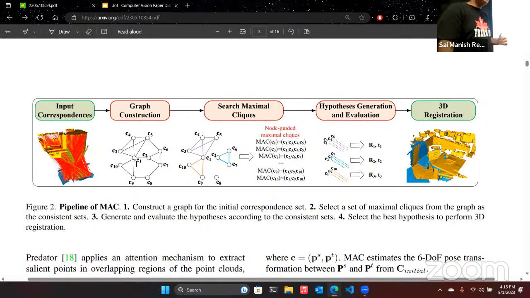So let's say C1 corresponds to a translation by 1 pixel. Then C2 might correspond to a translation by 3 pixels. They might be similar, so they will have an edge with higher weight. And suppose C10 corresponds to a rotation of 3 degrees. It really doesn't correspond to C1, so it will have an edge with very little thickness and less weight correspondingly.